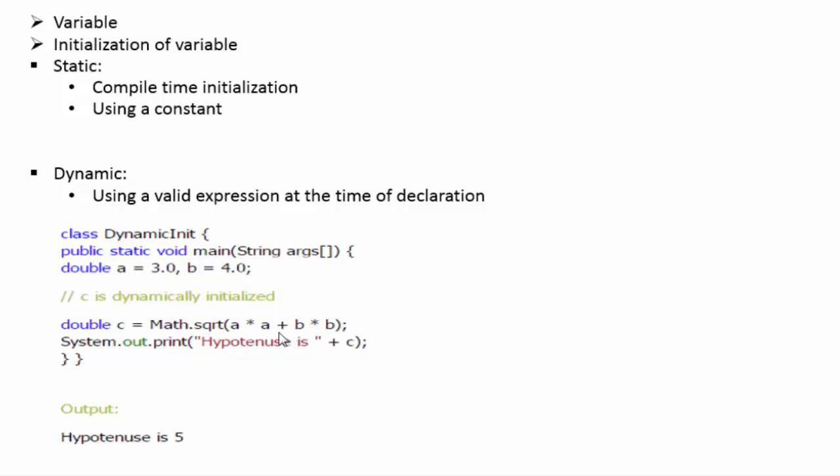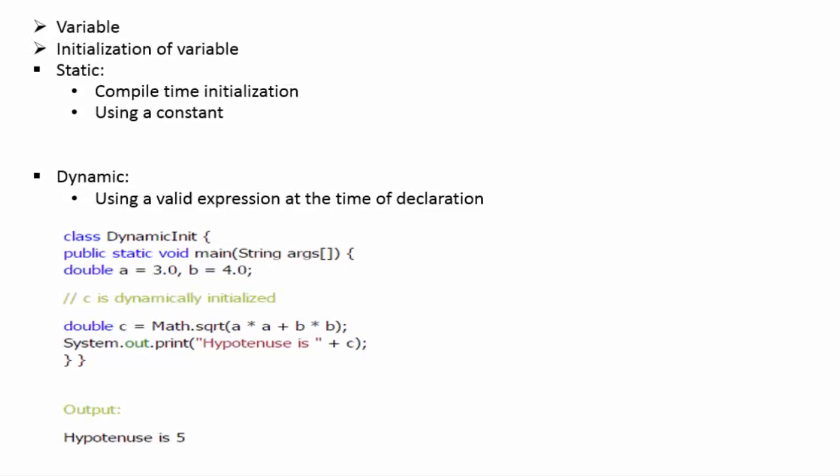This expression contains A and B, that are the two variables. In other words, C is not initialized with a constant, and hence it is said to be initialized dynamically. So this was about the initialization of variables. Let's see the next topic, that is final variables.